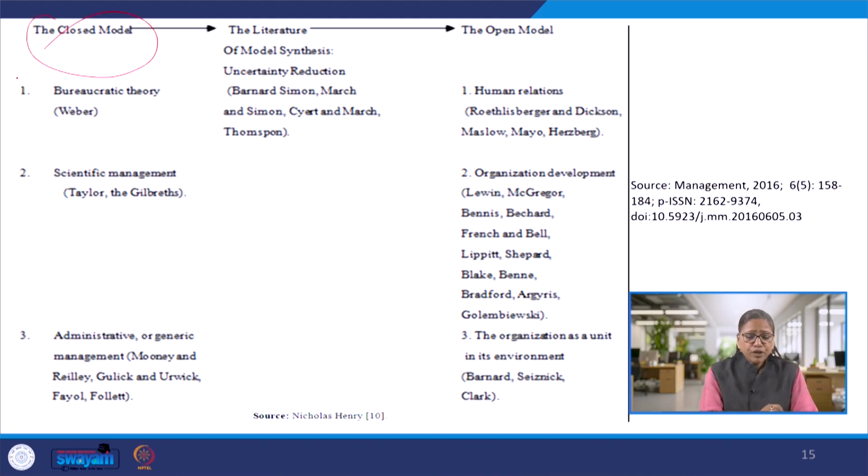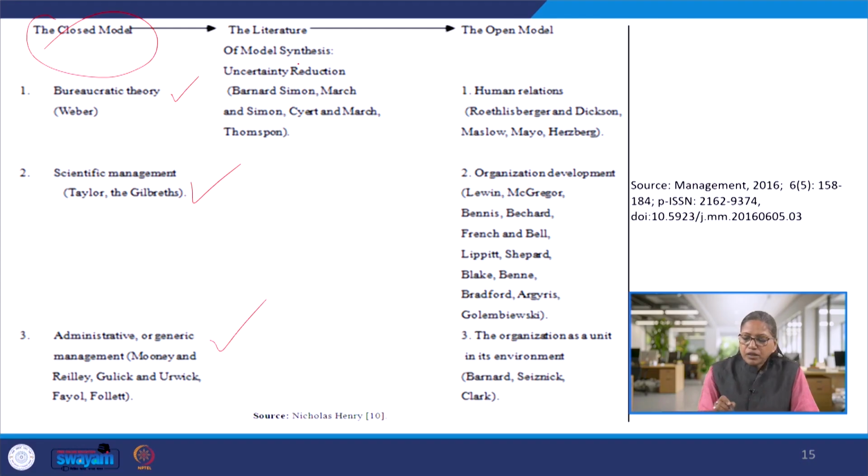The classical theory emphasized a closed model: behavioral bureaucratic theory, scientific management theory, administrative or generic management theory. They discussed the scientific method of management, bureaucracy, rules and regulations, and the administrative principles of management.